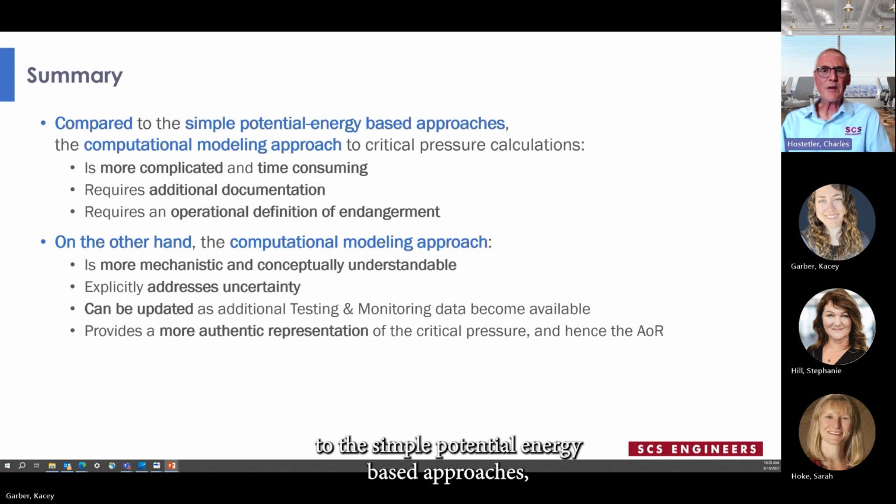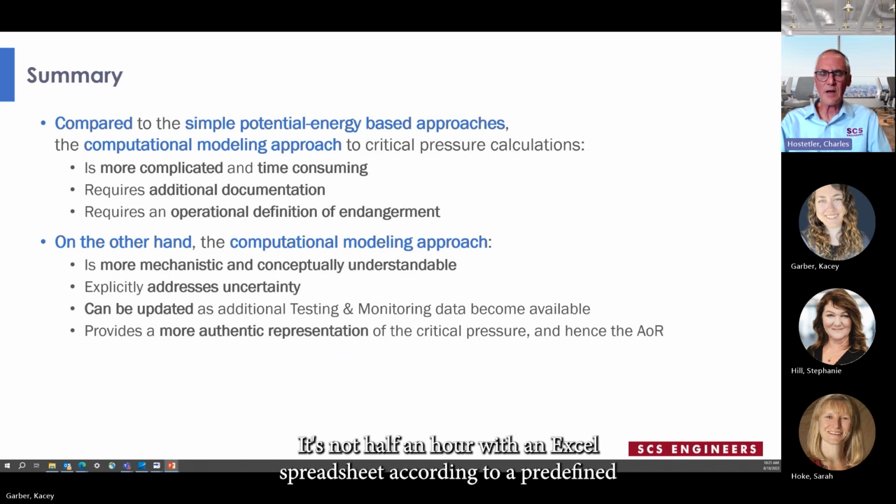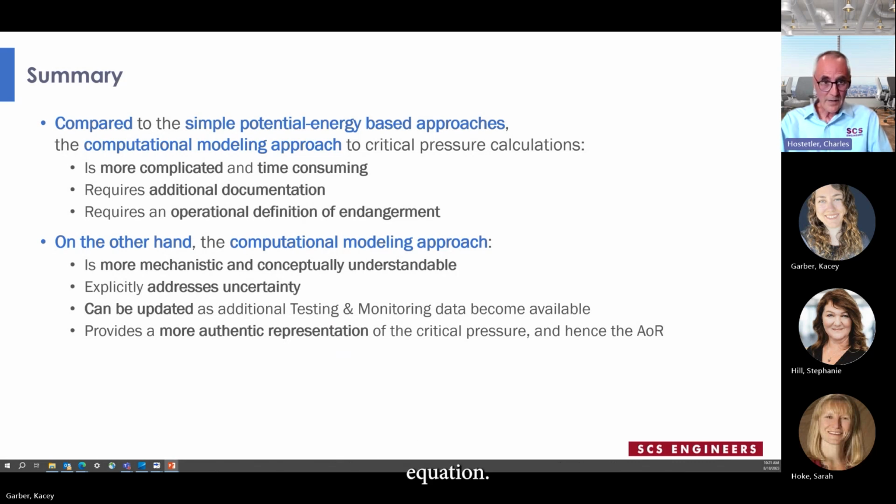Compared to the simple potential energy-based approaches, the computational modeling approach that we're recommending in certain geologic conditions is more complicated and more time-consuming. It's not half an hour with an Excel spreadsheet according to a predefined equation. It requires additional documentation in your permit document.